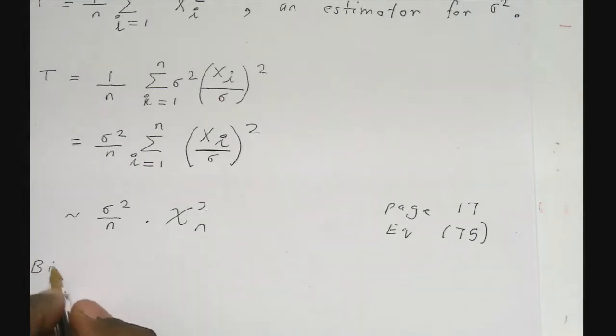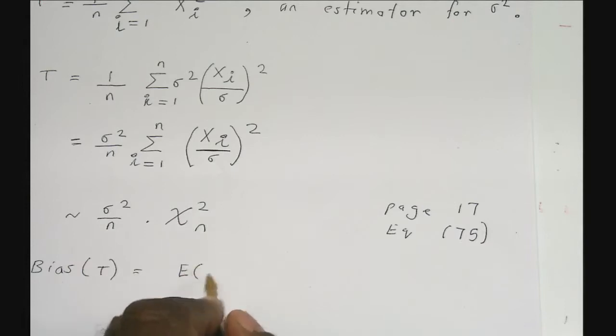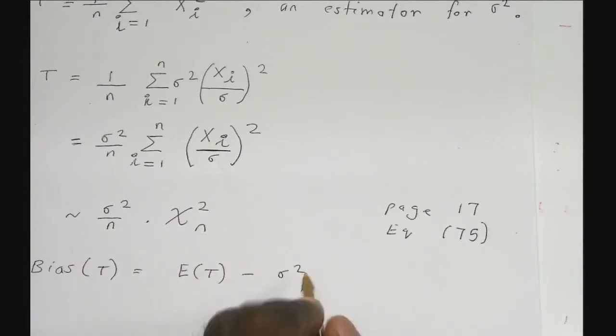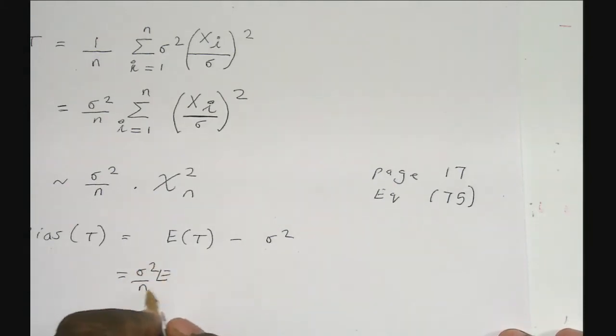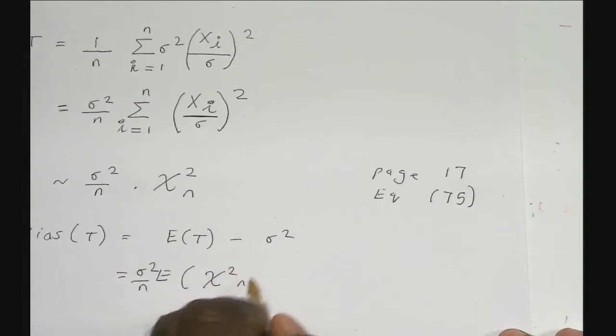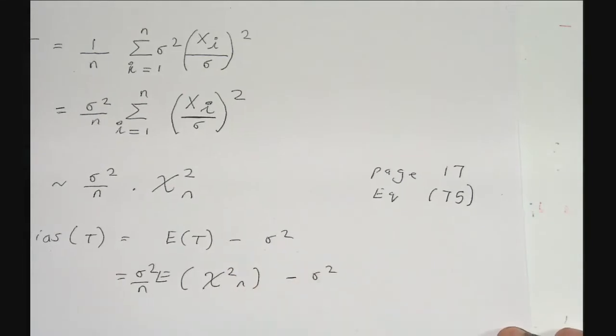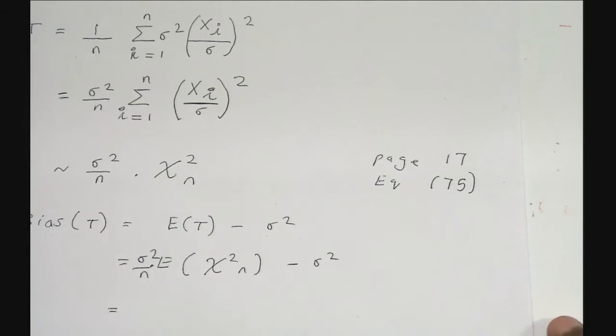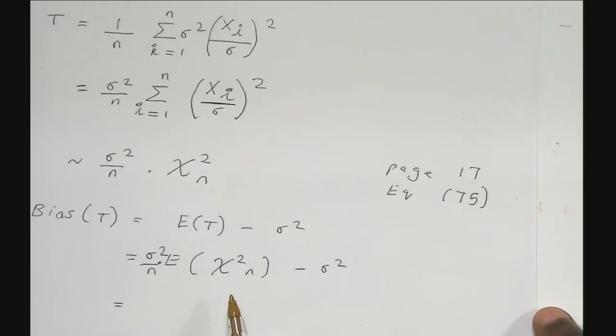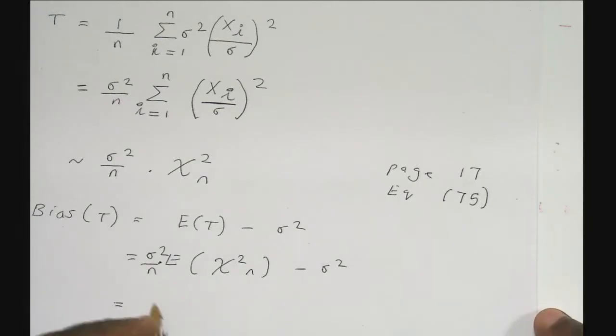So to find the bias of T, okay, now we know, you may remember from tutorials last week, that the expectation of a chi-squared variable with n degrees of freedom is equal to n.